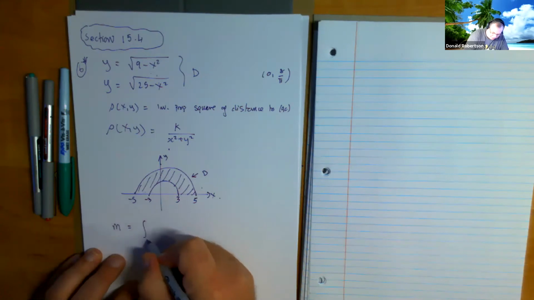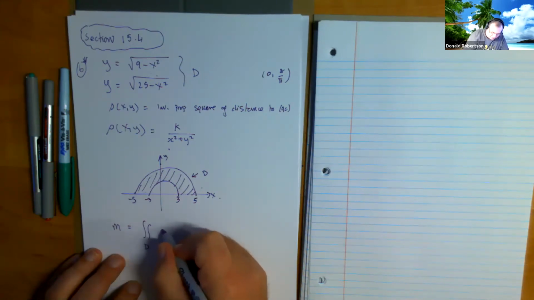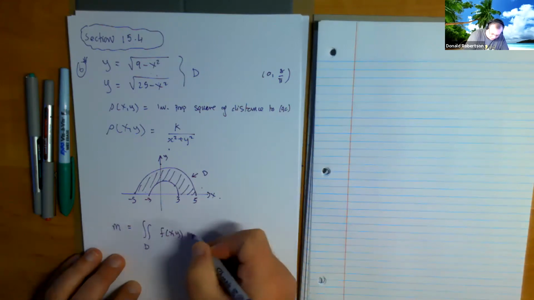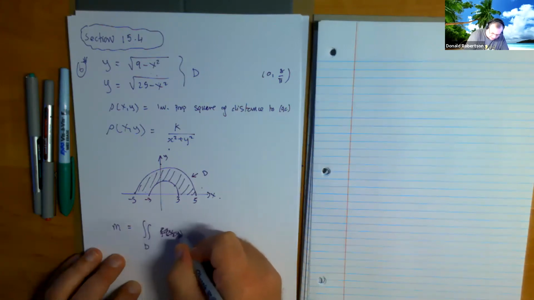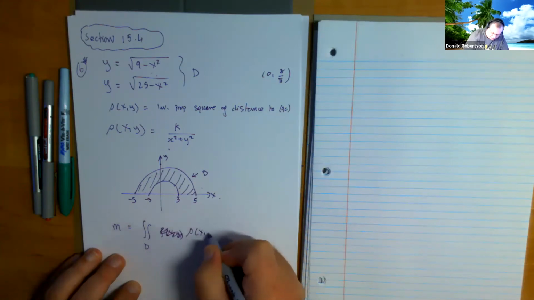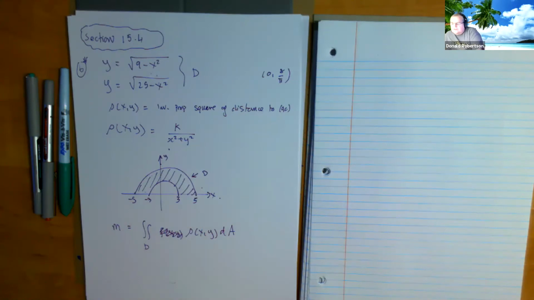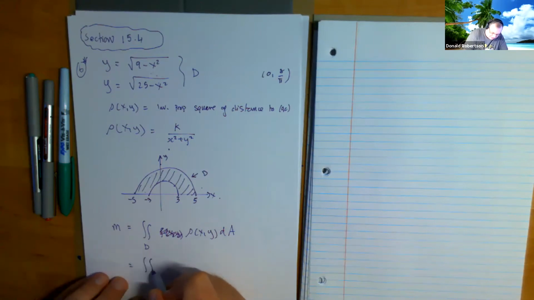Well, M is going to be the double integral of this particular function. This is the generic formula, isn't it, for how you do these questions: the density function, dA. Now the density function happens to be k over x squared plus y squared.